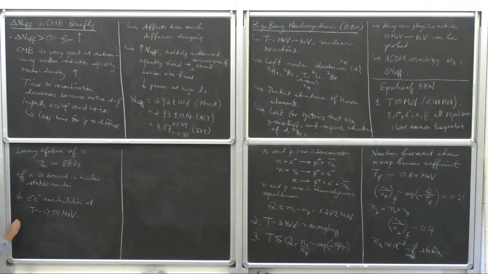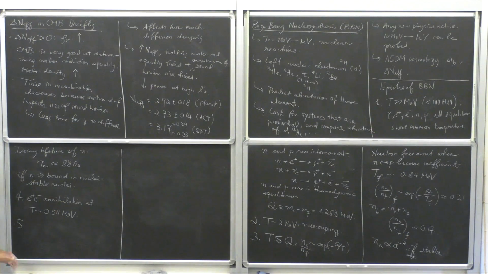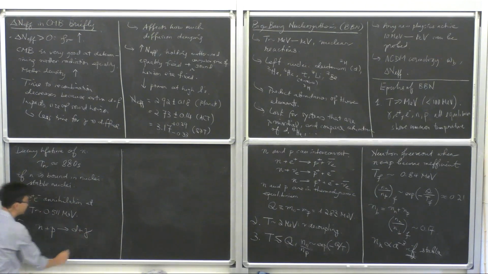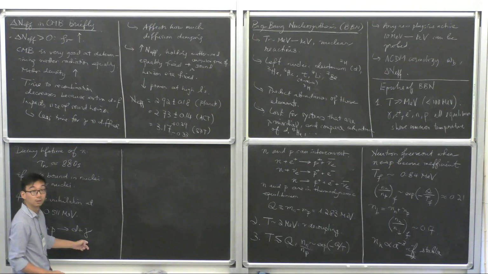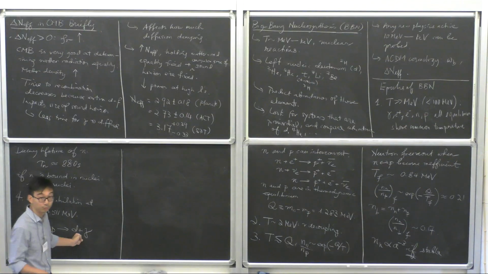The next thing that happens is that the neutrons have to go somewhere. The neutron encounters a proton, and they can combine to form the simplest nucleus, which is deuterium, and then it emits a photon. So the free neutrons that are out there will try to encounter a proton and form deuterium.